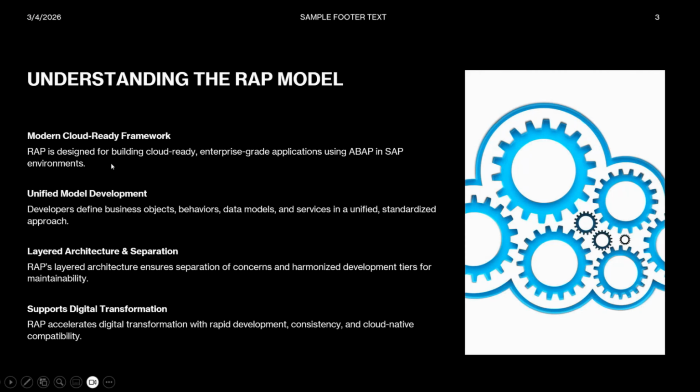RAP application, these are some layers or some features of the model. We can say that it is a modern cloud-ready framework, to build cloud-ready enterprise-grade applications using ABAP in the environment. RAP is a cloud-ready application we deliver as the output of this development.